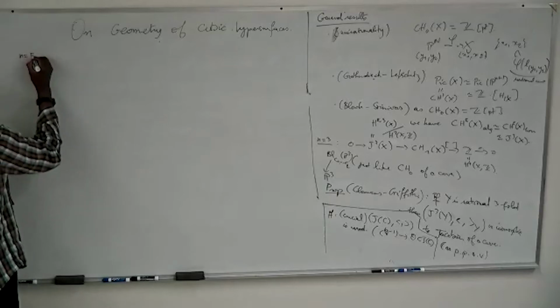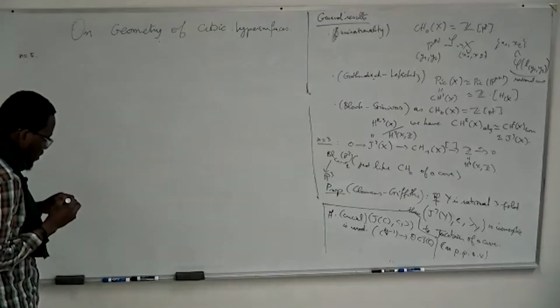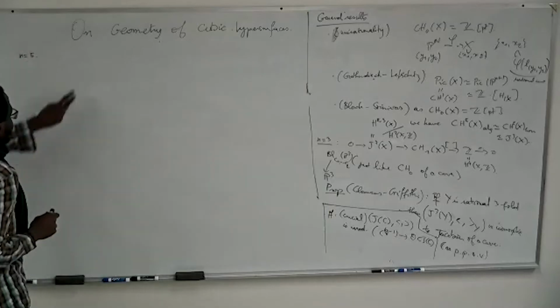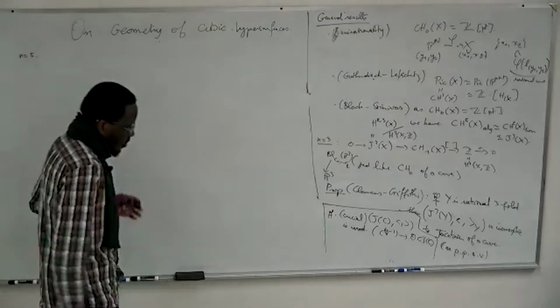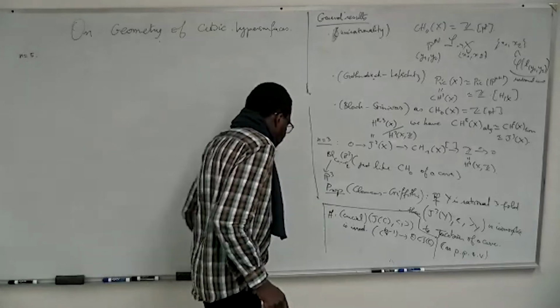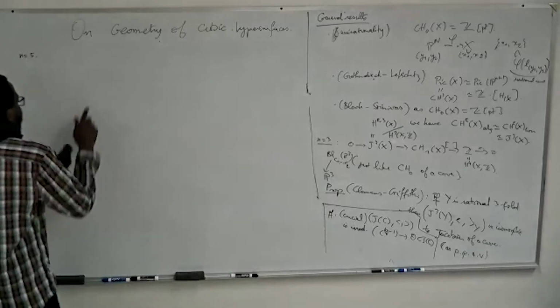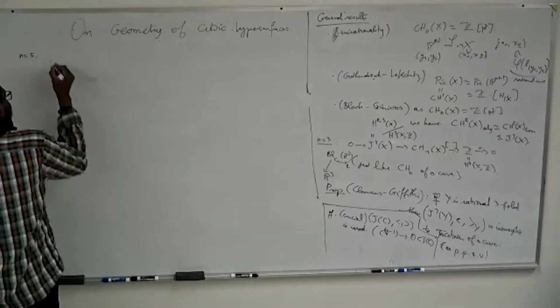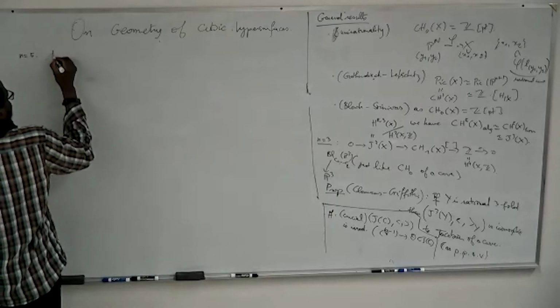of cubic fivefolds. So what kind of invariant can we cook out of the tools that we have introduced? Let me state a proposition.